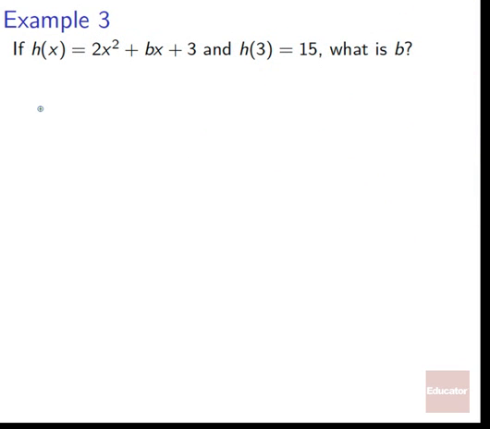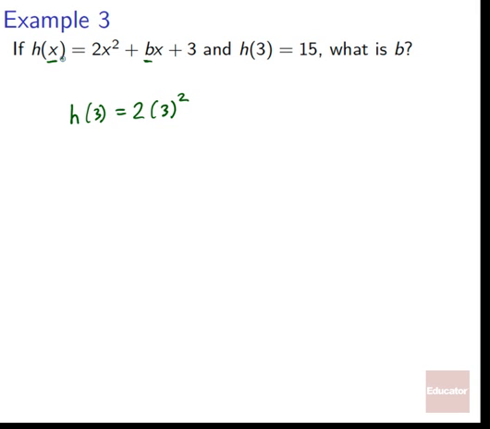If h of x equals 2x squared plus bx plus 3, and we know that h of 3 equals 15, what is b? So in this case, we're looking to figure out what b is, right? We know that h of 3 equals 15, so we need to somehow use this to figure out b. So we go, oh, hey, I could plug in 3 and I would get something different than just 15, right? So h of 3, based on the rule, is 2 times 3 squared.